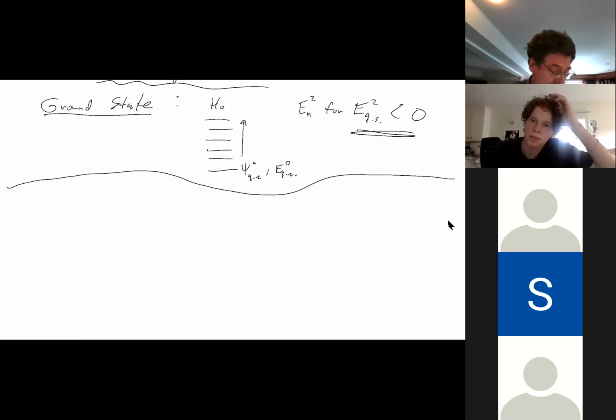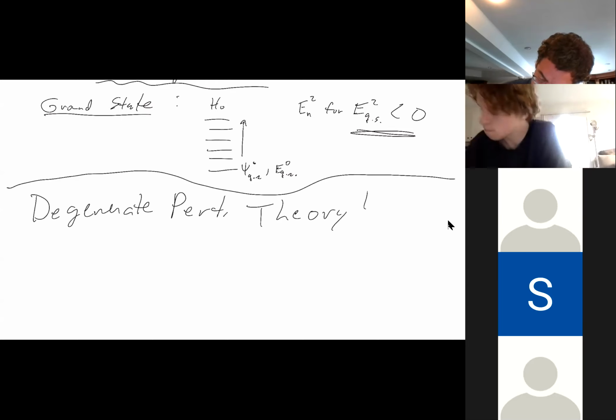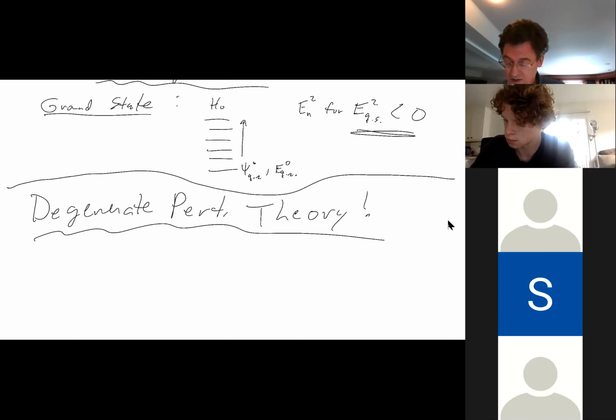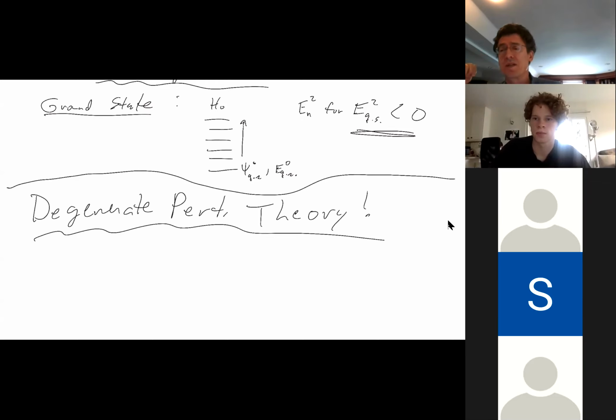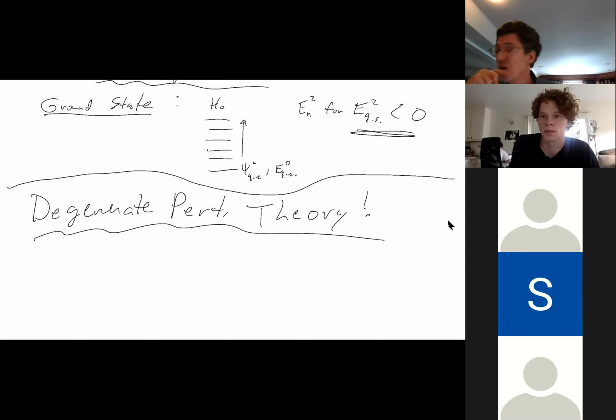Okay, now it's time to talk about degenerate perturbation theory. Yay, degenerate perturbation theory. This is a really cool topic, actually. I have grown to love it, but as an undergraduate I really hated it because it was so confusing. I had terrible quantum mechanics teachers, and it was all a big confusing mess. I was very good at the formulas and could derive them all, but I had no clue what any of it meant.